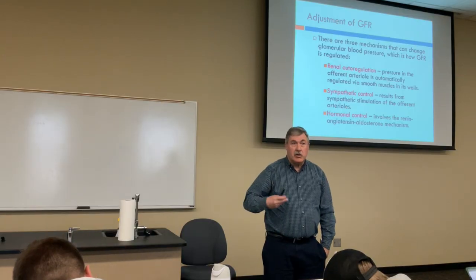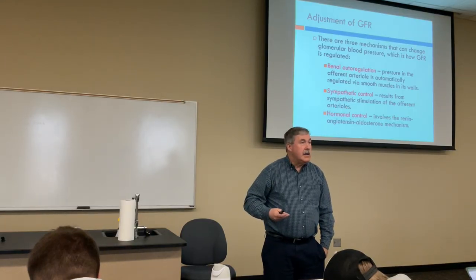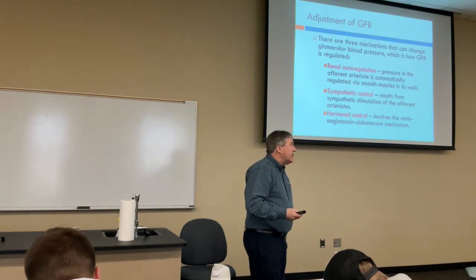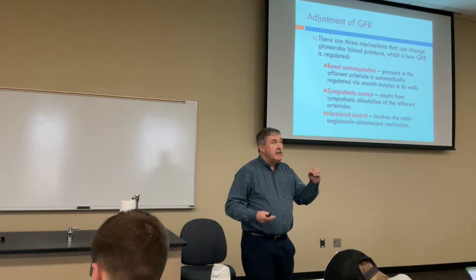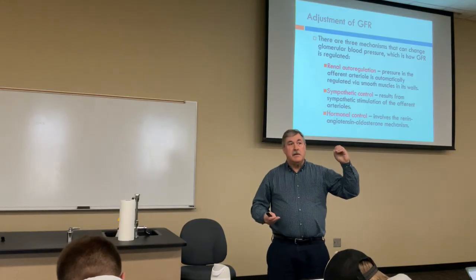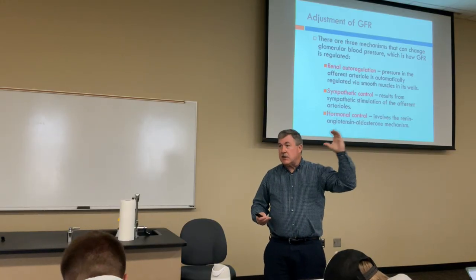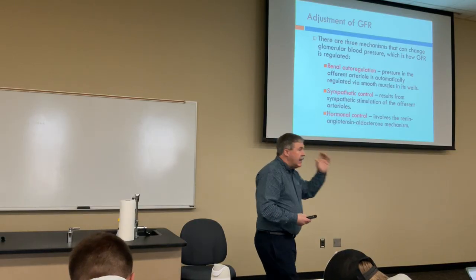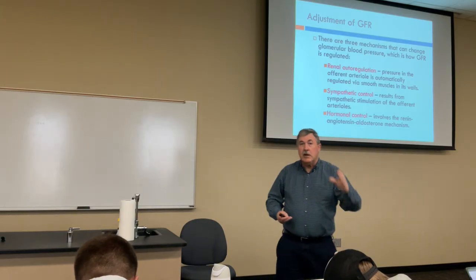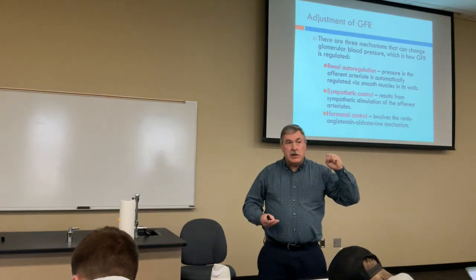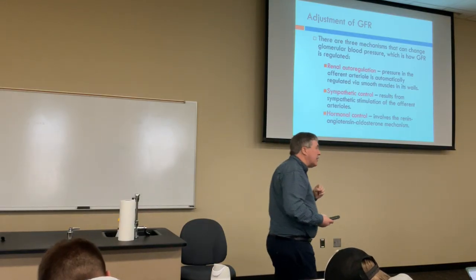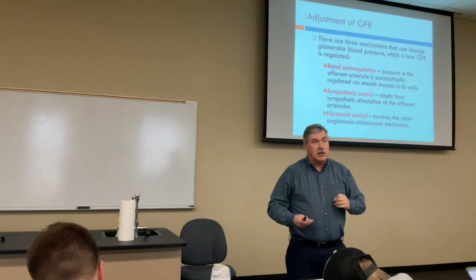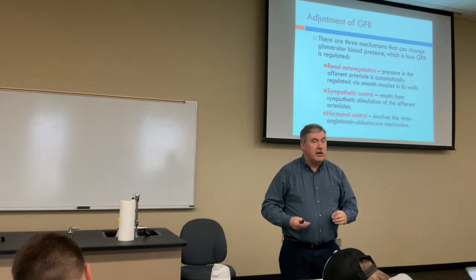And by controlling its own diameter, that regulates GFR, because if the afferent arteriole dilates and expands its diameter, that allows more blood to flow into the glomerulus, that increases glomerular filtration rate. If it becomes constricted, that narrows its diameter and increases resistance, that decreases blood flow into the glomerulus, which decreases GFR. Okay?